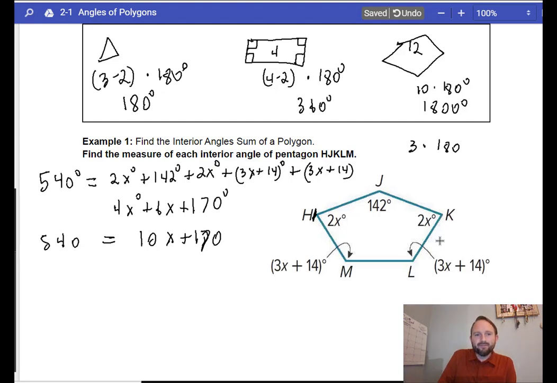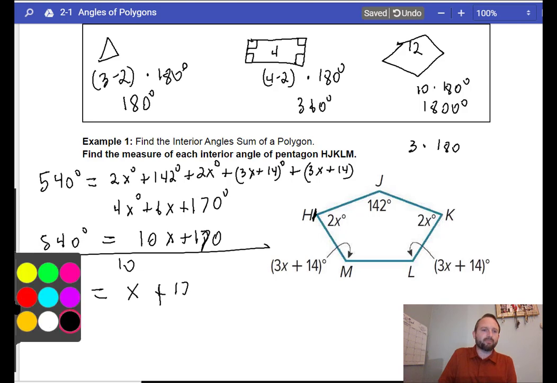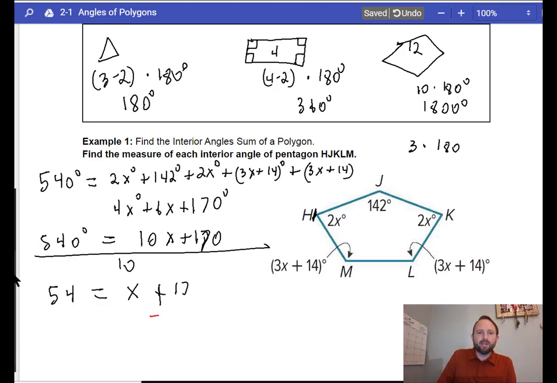If I divide by 10 on the whole thing, I can simplify this. Now, this might get us into a pickle later, but there's a times 10 for the whole thing, so I can divide by 10, and I get 1x, or just x, plus 17 is equal to 54. Now I'm going to subtract 17 on both sides.